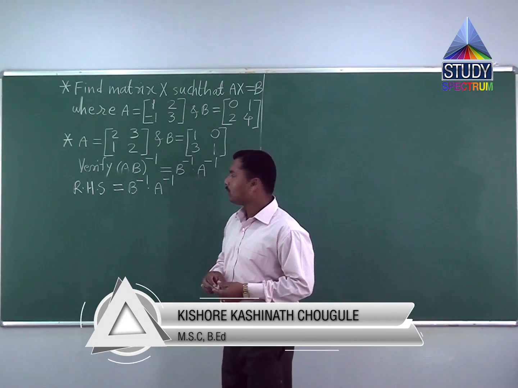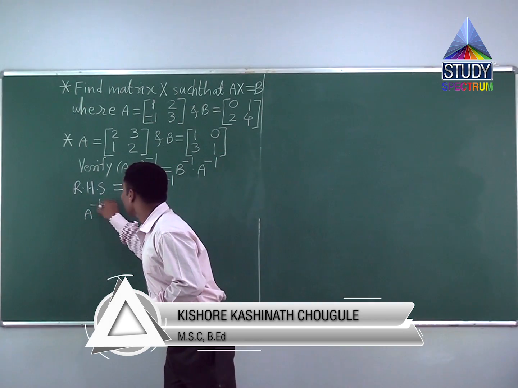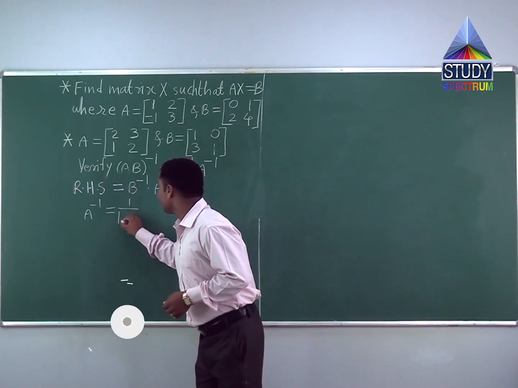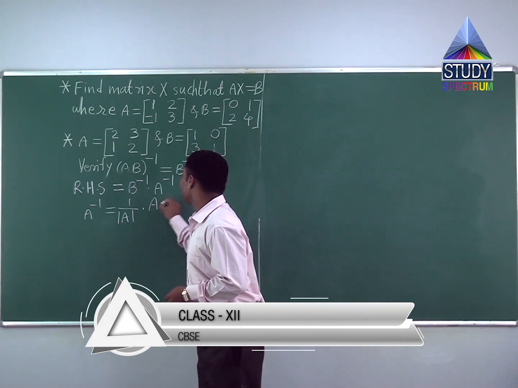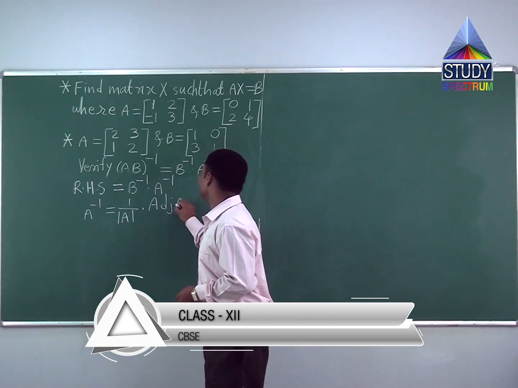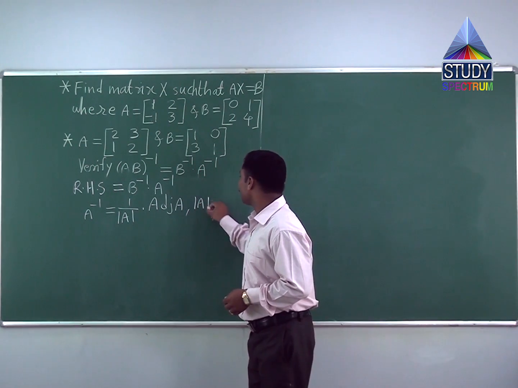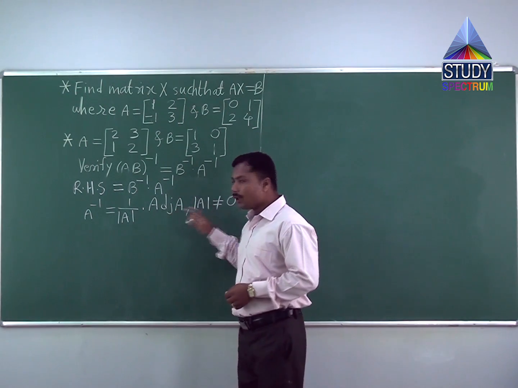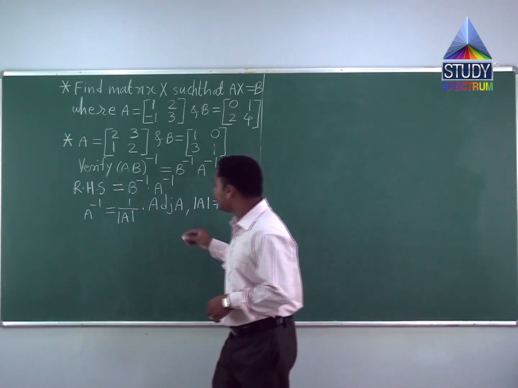By the adjoint method, what is the formula? A inverse equals 1 upon determinant A into adjoint of A, and the condition is that determinant A is not equal to 0.